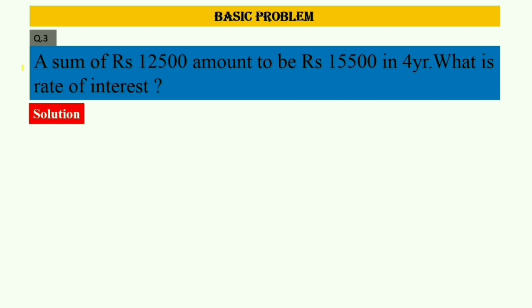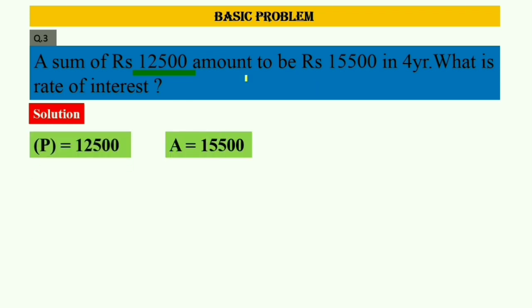Now I have repeated such a problem only to suggest to you a new method of solving it. You can decide by which method you want to solve the problem. Firstly, the principal is given, the amount is given, and the time period is given. The initial principal is 12,500 and the amount after 4 years is 15,500.